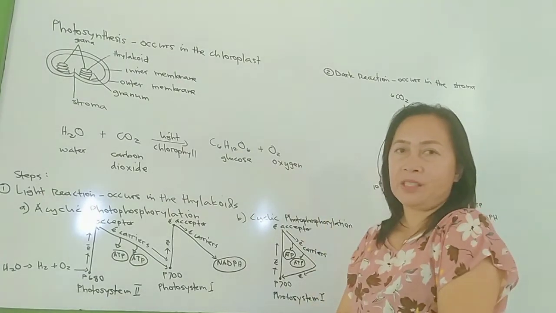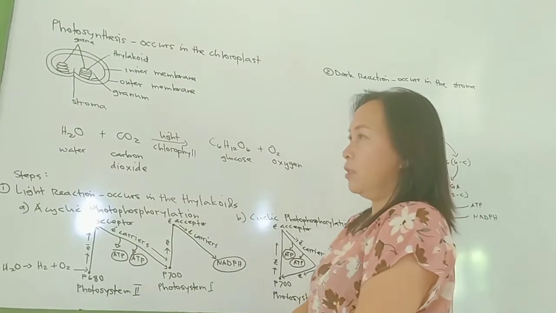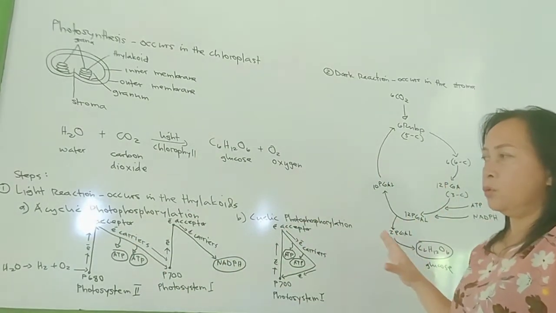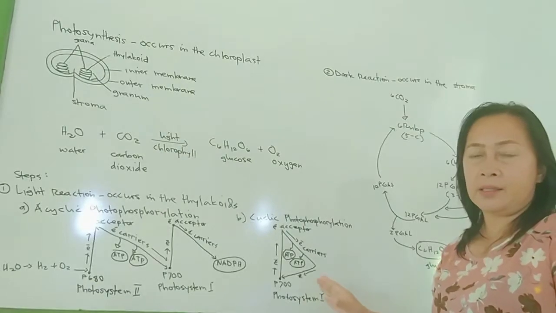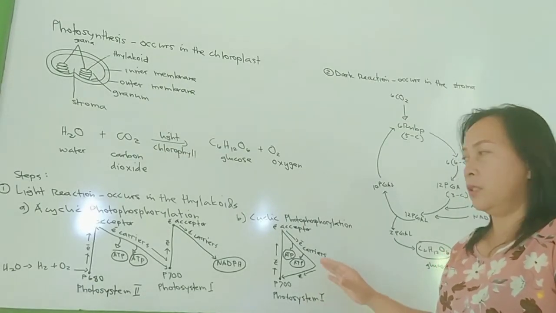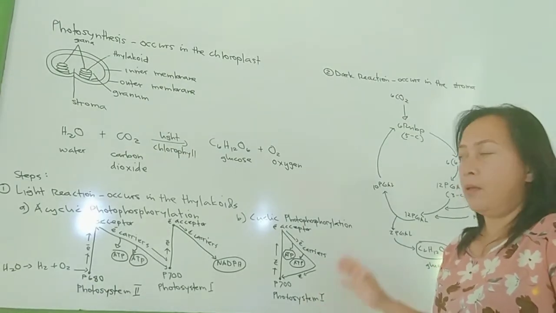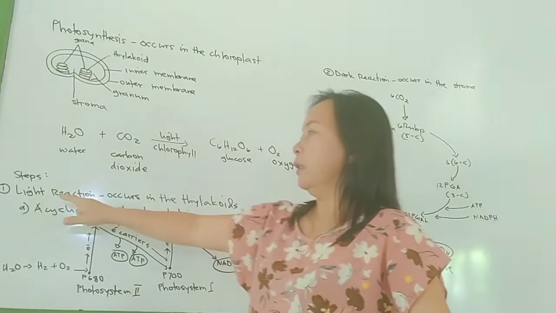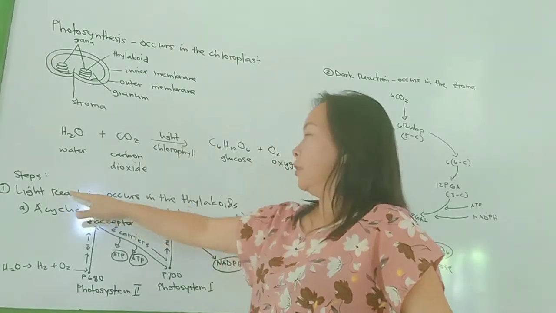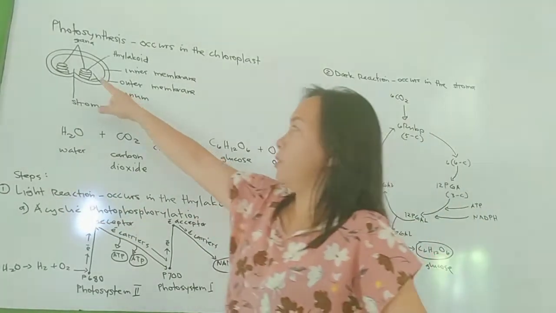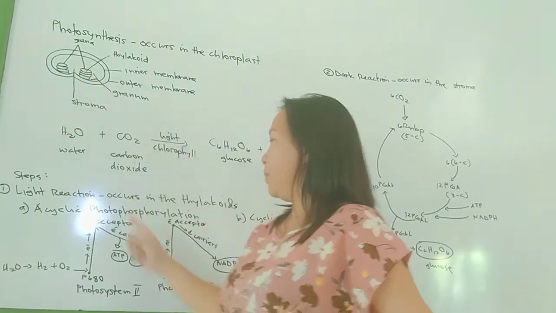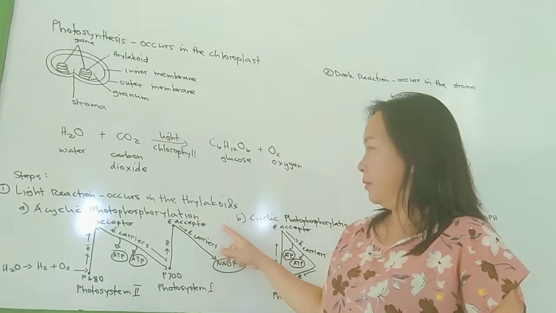Now, what are the steps in photosynthesis? This is the diagram that will help you understand the process of photosynthesis, so you could easily understand this process. The steps are, first, the light reaction, which occurs in the thylakoid. Here you could see, of course, the presence of the pigments, chlorophyll.